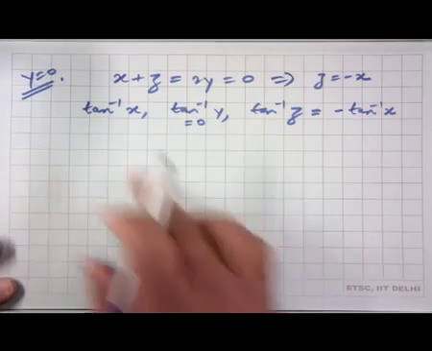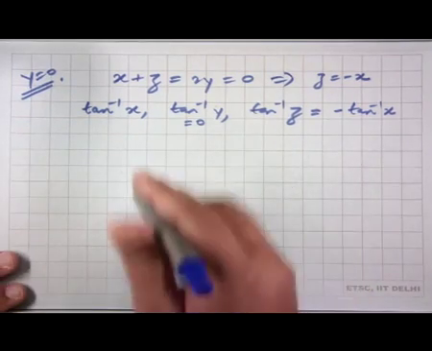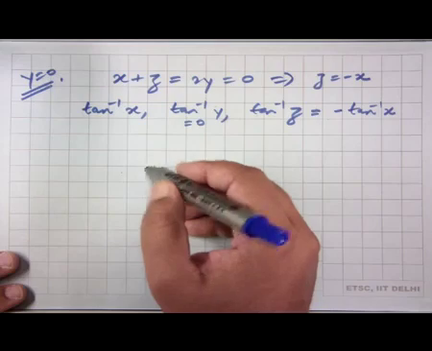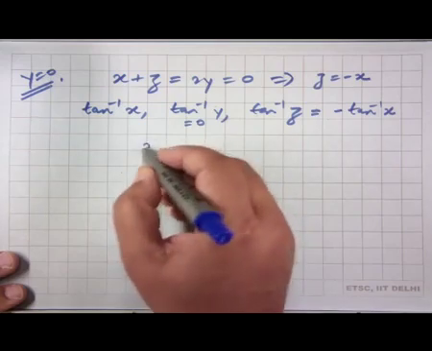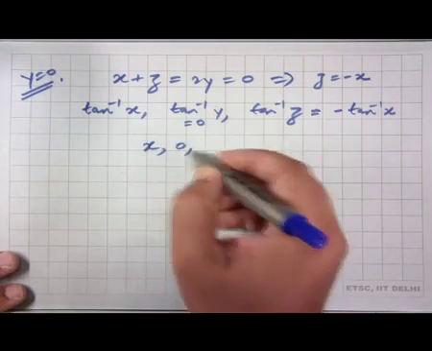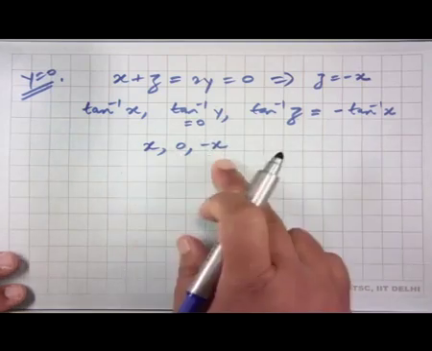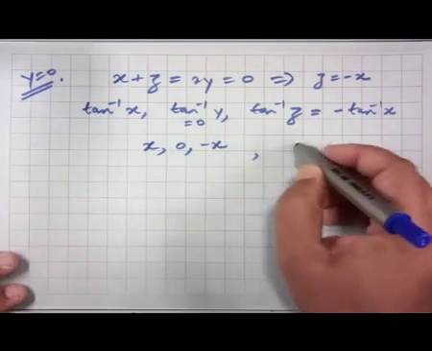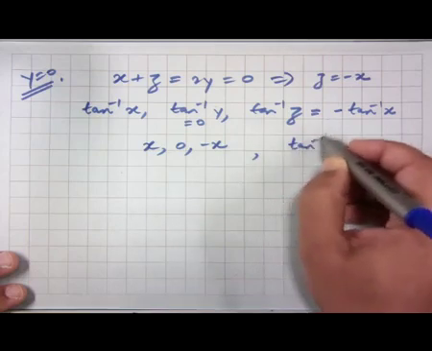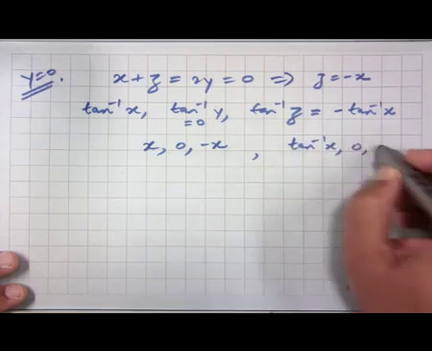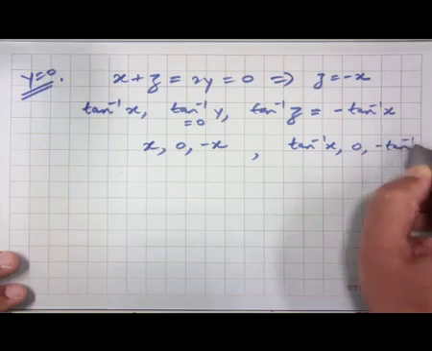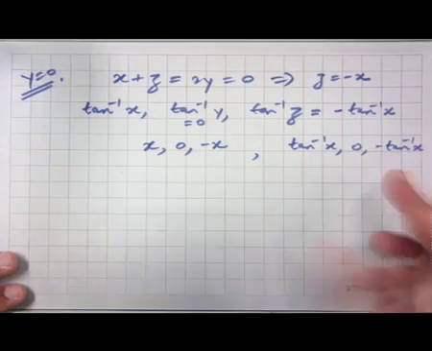So, of course, this is one possibility that y is equal to 0, and therefore, we have x, 0 and minus x. So, z is minus x. This is in arithmetic progression, and also tan inverse x, 0 and minus tan inverse x. So, these three are also in arithmetic progression.